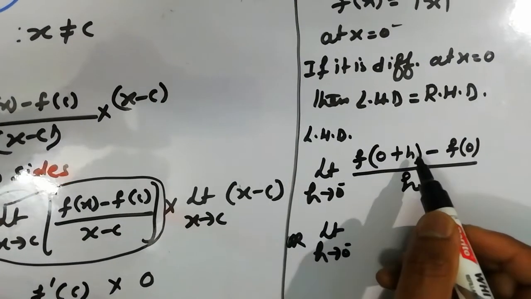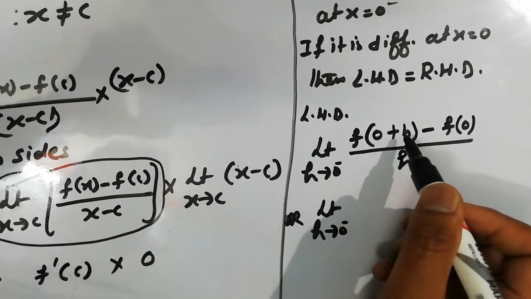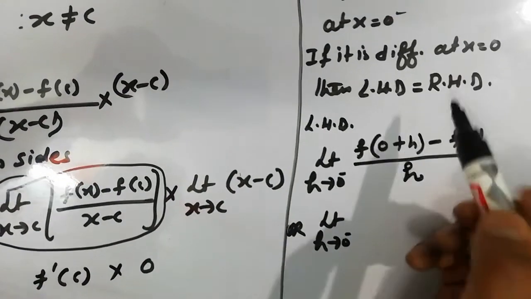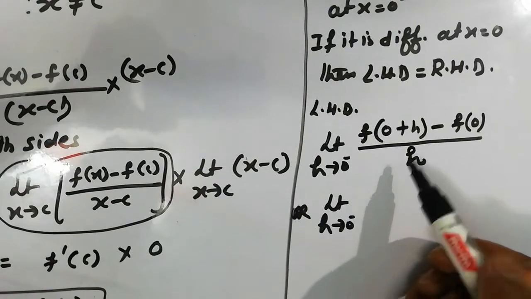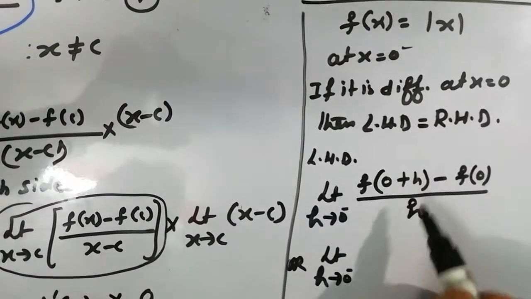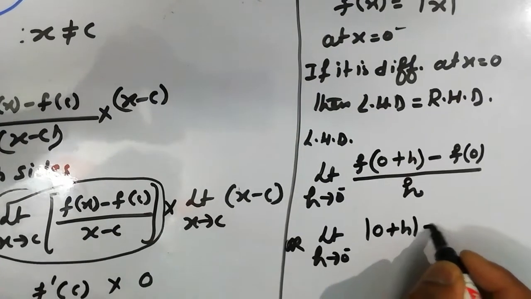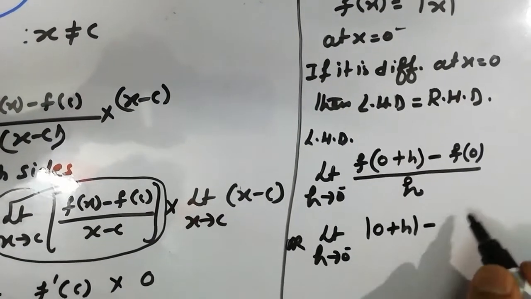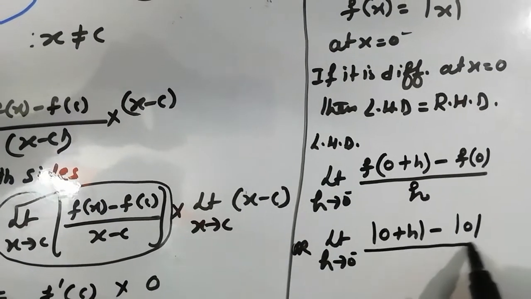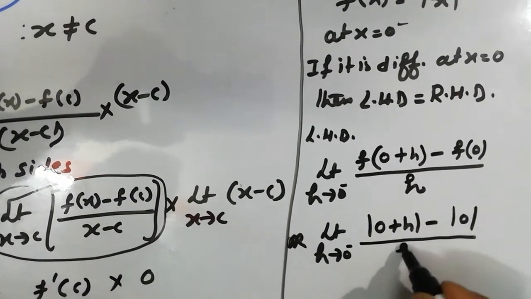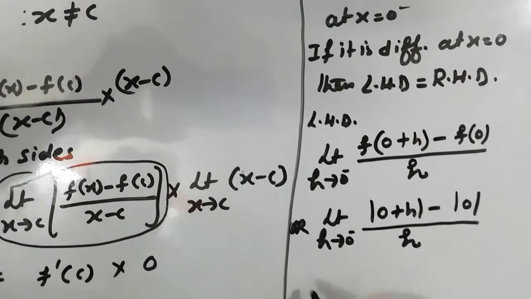So f of 0 plus h. So it becomes mod of 0 plus h minus f of 0, whole divided by h.